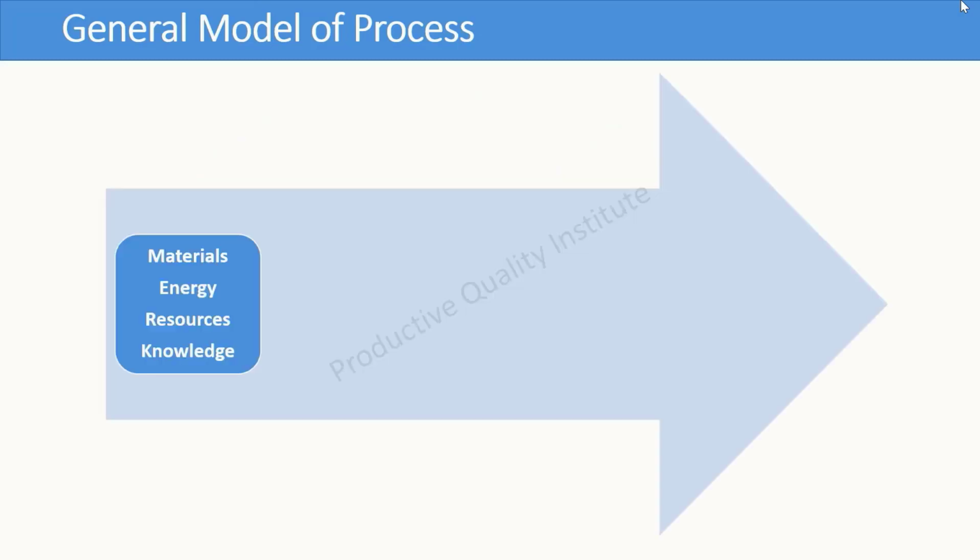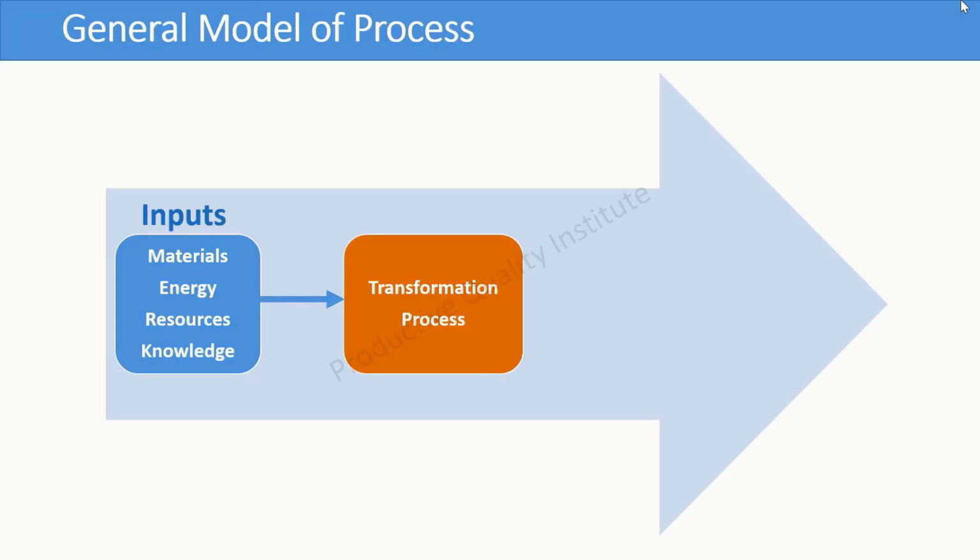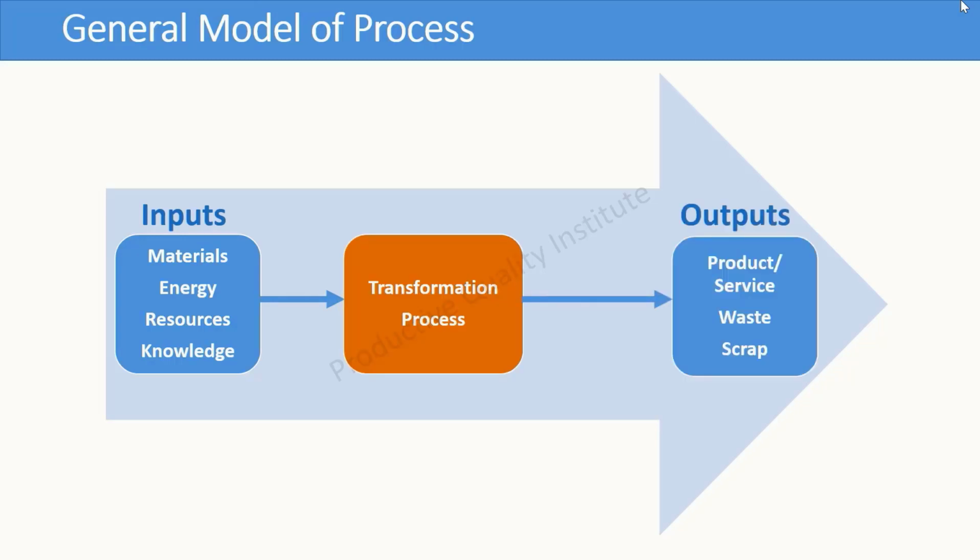For any process, there are different inputs like materials, energy, resources, and knowledge. A transforming process will be applied on these inputs in order to generate outputs like product, service, waste, and scrap. Our target in Lean Six Sigma is to reduce the waste and scrap, which are generated due to the variation.